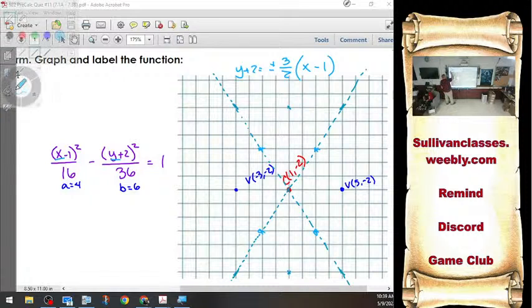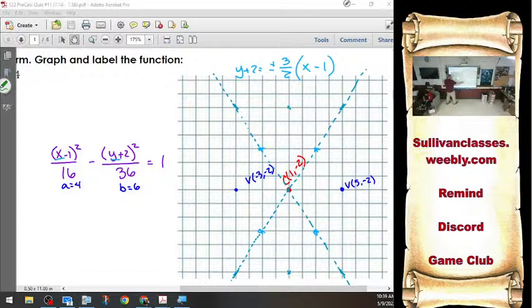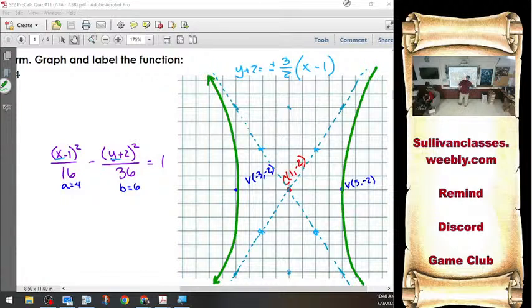So I've got my asymptotes, I've got my vertices, I'm probably good to make the hyperbola. Okay, kind of a wide one. In fact, it might not have been a bad idea to do this by a scale of 2, but oh well. We're good, right?